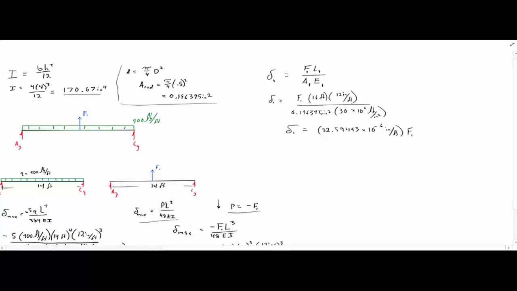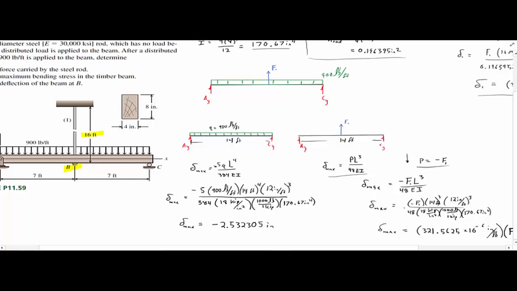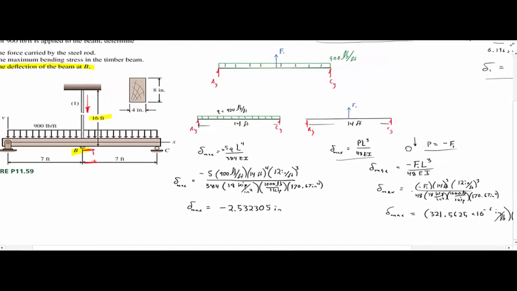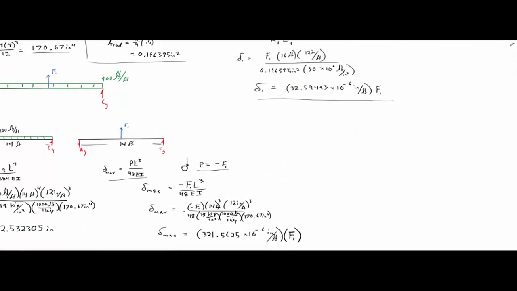One note about this little relationship that we've established here, this is deflection of the steel rod, but if you look back at the diagram here, if this steel rod deflects, right, if this goes down, this deflection down is going to be the same deflection as this, right? And that's part of the problem statement. So part C asks to find the deflection at point B. Well, the deflection at point B is the same as the deflection of the steel rod.